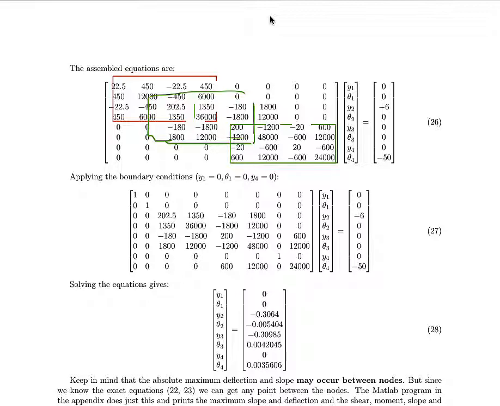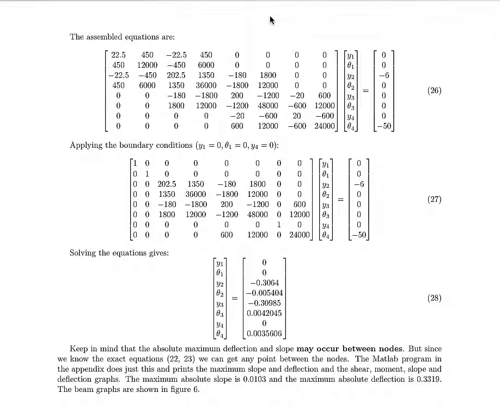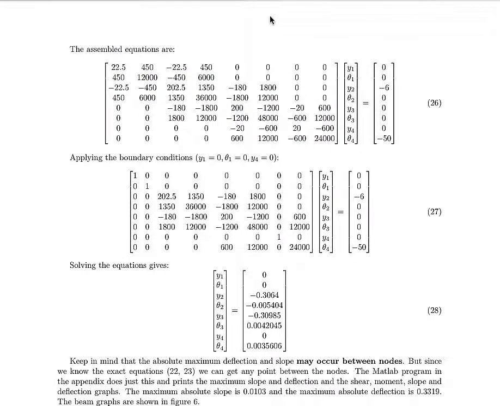for the system, we obtain first on the right hand side the nodal forces and moments, which are given here. We have -6 at one node and -50 moment at the end node, and we are imposing now 3 boundary conditions: that y1 equals 0, theta1 equals 0, and y4 equals 0.